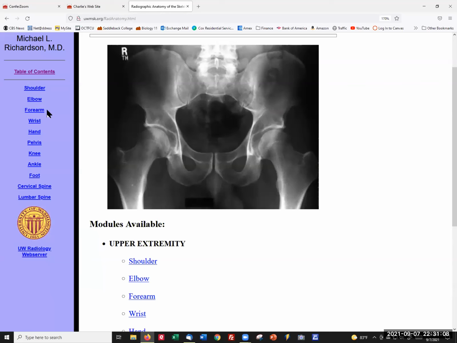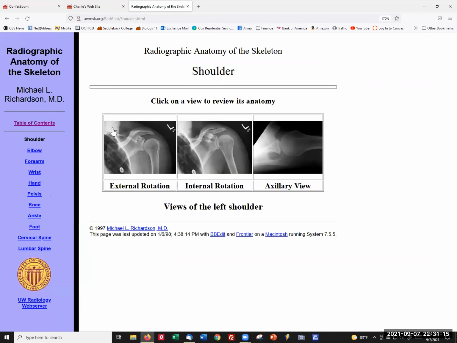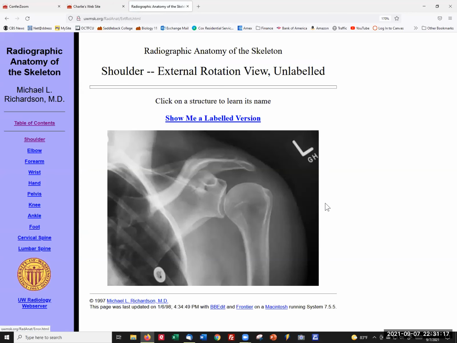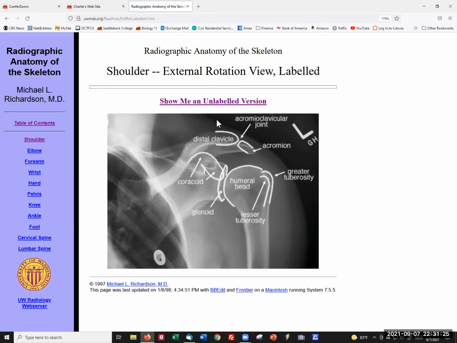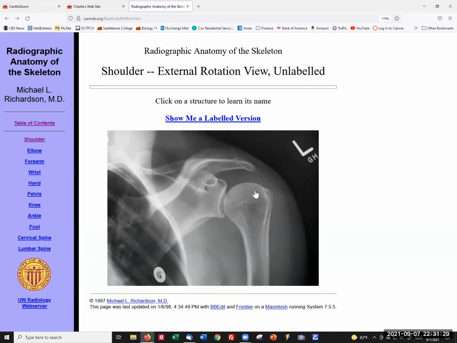On the other hand, let's get one that you have. Okay, here's a shoulder. And you look at that, and you can get a labeled version right here. But obviously, this is the head of the humerus.